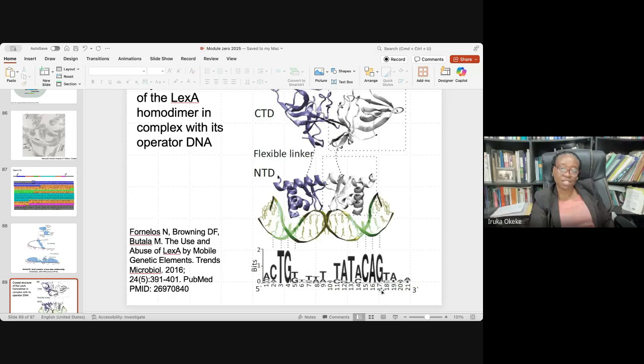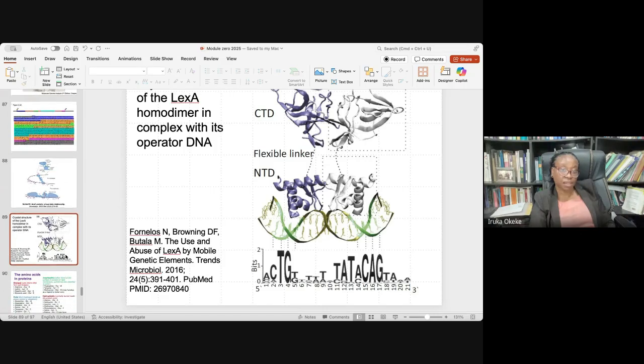In position 17, LexA must always have a G. 16, it must always have an A. 15, it must always have a C. But in position 14, it likes to have an A, it can do with a C, and it can work with something else. Okay, so sometimes when we're talking about promoters or other parts of DNA where proteins can bind and the preferences are not 100%, it will be illustrated this way.